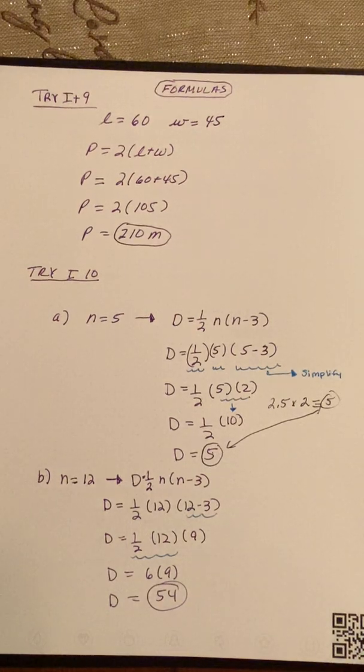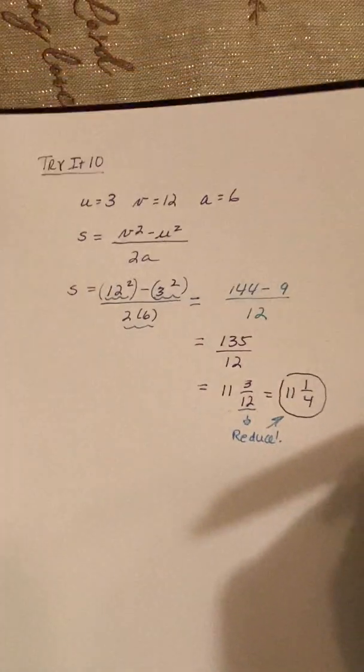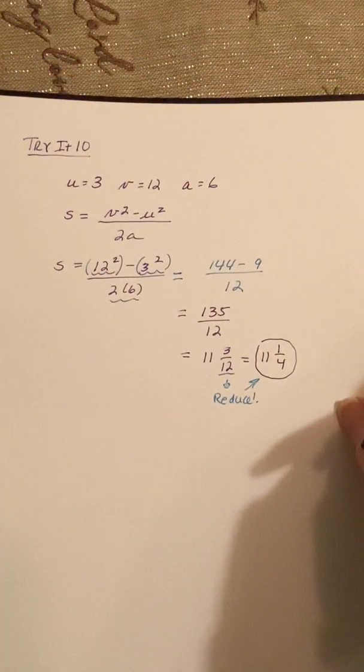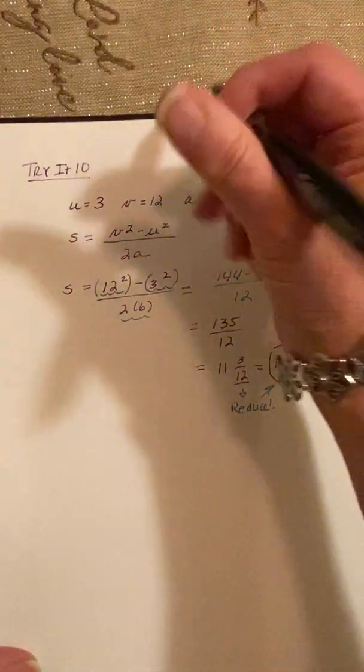We have one more formula to work through on page 82. Try it 11. Oh, I'm sorry, it is try it 11. I wrote try it 10 twice. Good gravy.